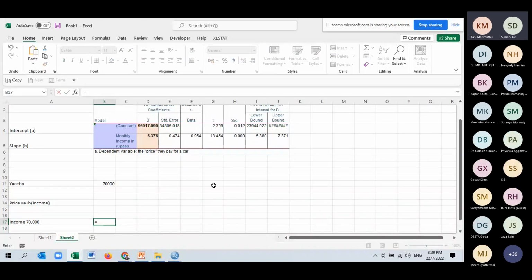Shall we go for it? Equal to, what is the A? A is this value, 96,017.090 plus 6.376 multiplied by 70,000.